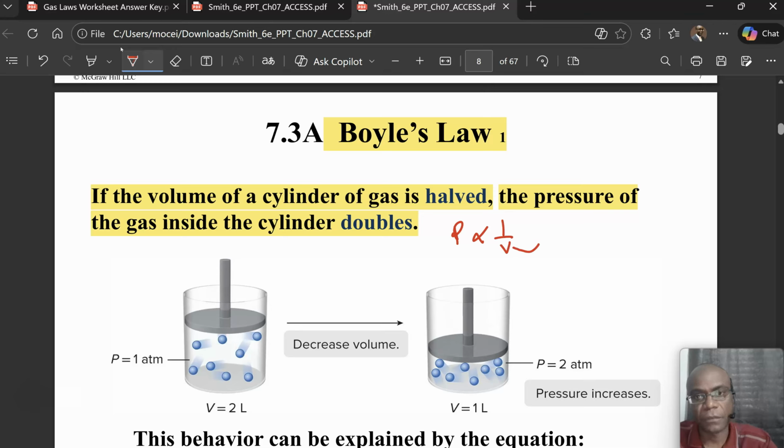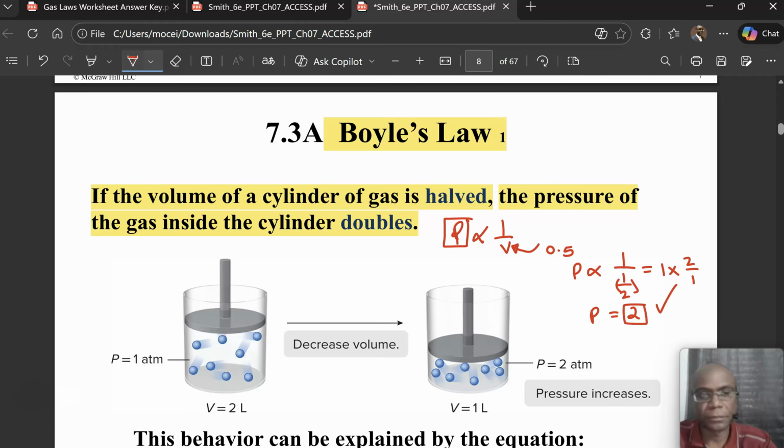So if this is 0.5, what will be P? It will be 1 over 2. Then P will tend to be 2, right? Because this is the same as 1 times 2 over 1.